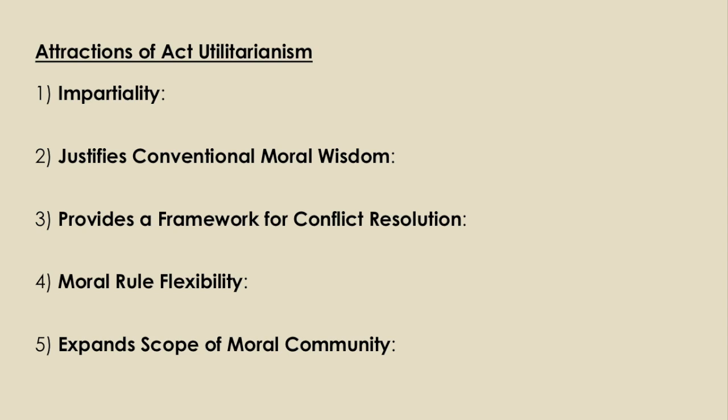Well, clearly non-human animals. If act utilitarianism is right, then the moral community would include not only human beings, but also dogs and cats and pigs and cows, giraffes and elephants, etc. In other words, anything that is sentient, anything that can experience pain or pleasure.